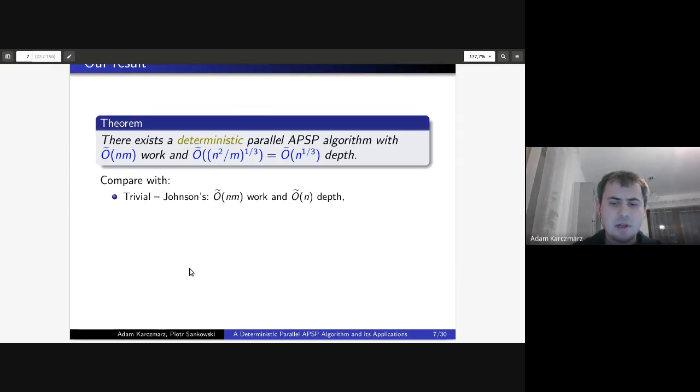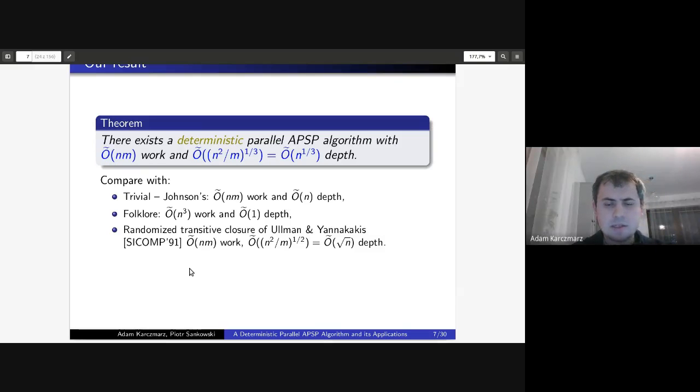First of all, to the best of our knowledge, no other non-trivial nearly work efficient parallel APSP algorithm has been described. So the baseline is Johnson's in terms of nearly work efficient algorithms. However, you can easily achieve polylogarithmic depth with the folklore matrix squaring approach. We'll go through that in a moment as well.